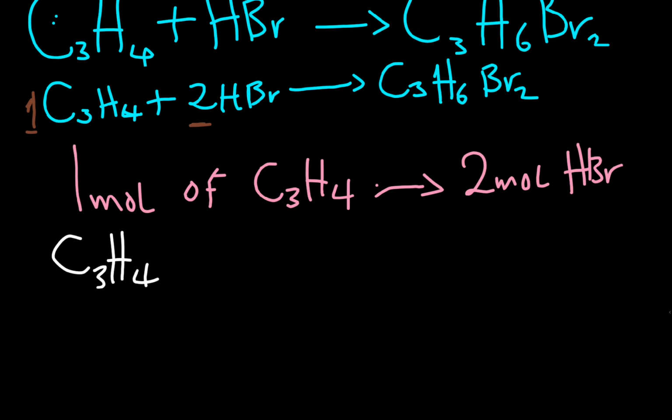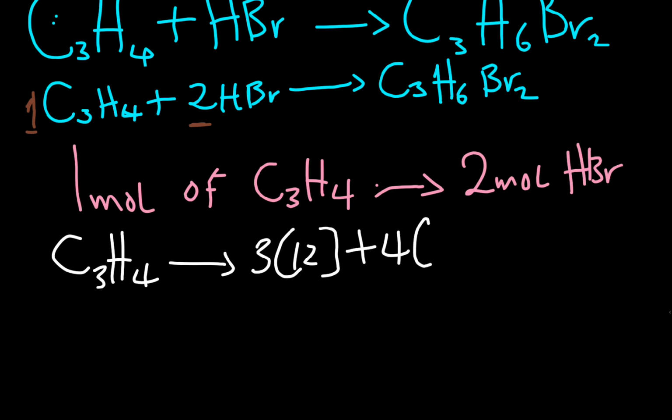C3H4 becomes 3 times 12 plus 4 times 1, which is the atomic mass of hydrogen, and we arrive at 40, because 3 times 12 is 36, and 36 plus 4 is 40.